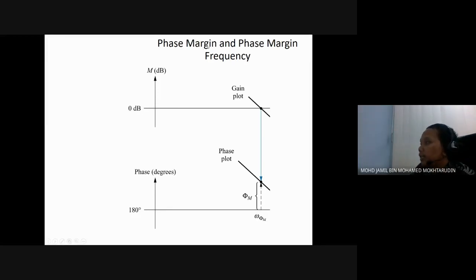And then phase margin is the difference of the phase at phase margin frequency with 180 degree. So first determine phase margin frequency, then determine the phase at that frequency, and then find the difference of that angle or phase with 180 degree. Okay, so you have 4 things to remember for Bode plot.